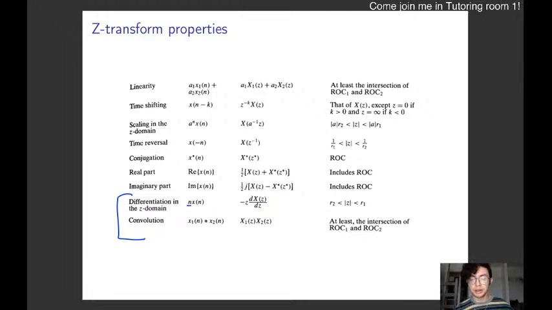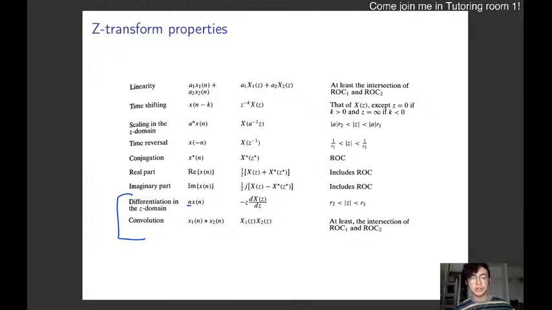So we differentiate in the frequency domain and then multiply by a negative z. And this will also affect the ROC of our signal.